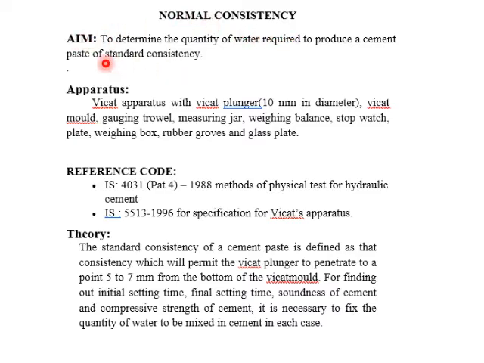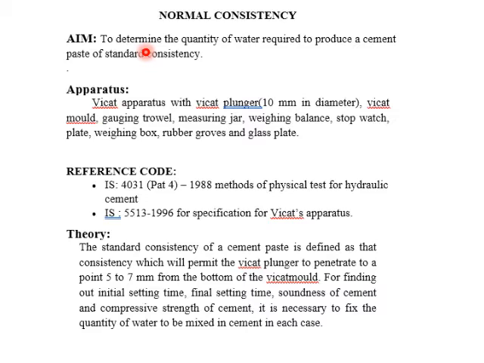The aim of this experiment is to determine the quantity of water required to produce a cement paste of standard consistency. When you add water to the cement, the reaction starts. So what amount of water has to be added to a cement?